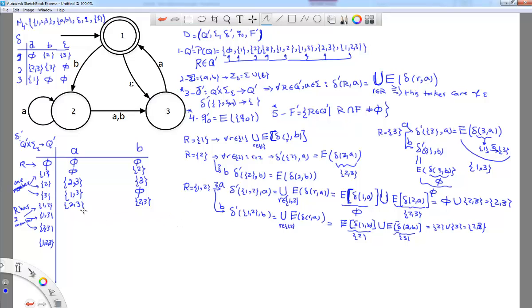So we keep going. So then for E of 1, 3, I'm going to have to calculate E of 1, 3.